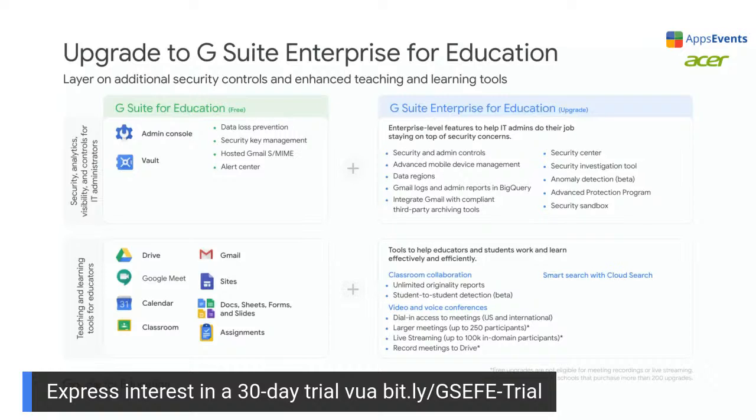Then you've got Drive, Meet, Calendar, Classroom, or Assignments if you're using classroom functionality through a learning management system, which keeps everything ticking over from day to day for teachers and students. And the additional bits that you get from the enterprise upgrade are from the security side.